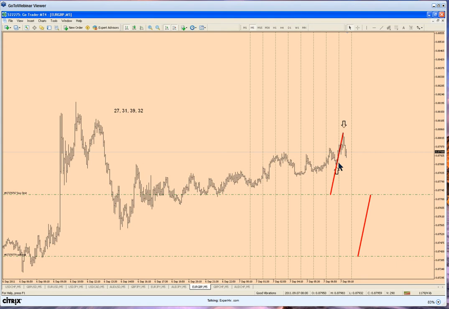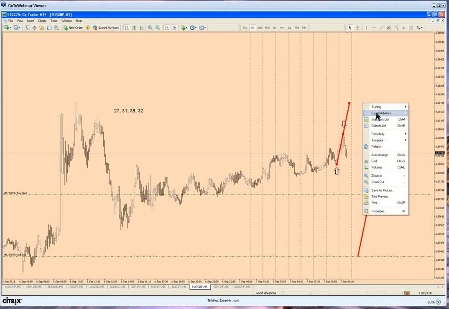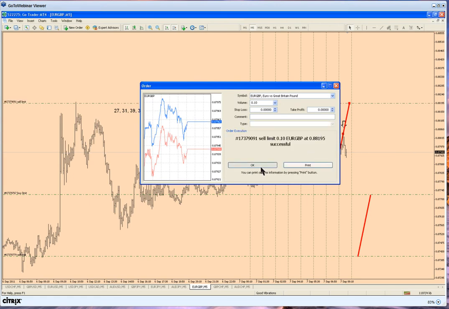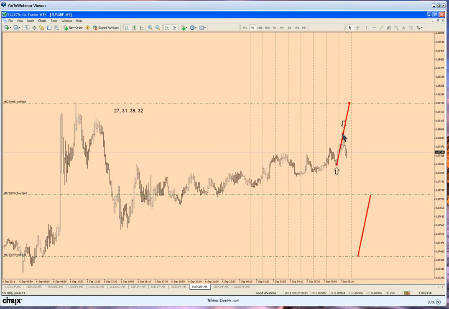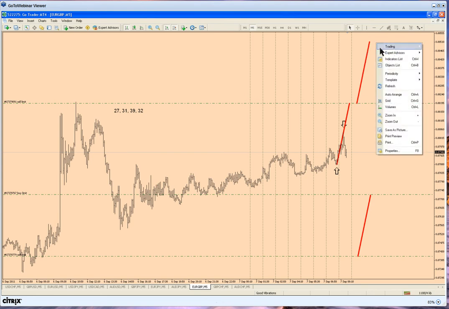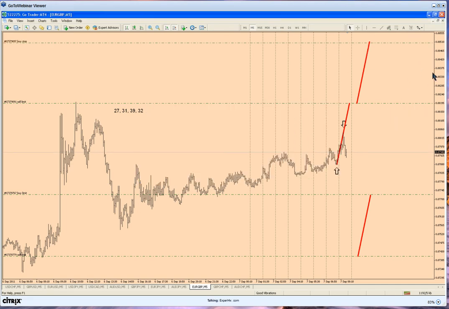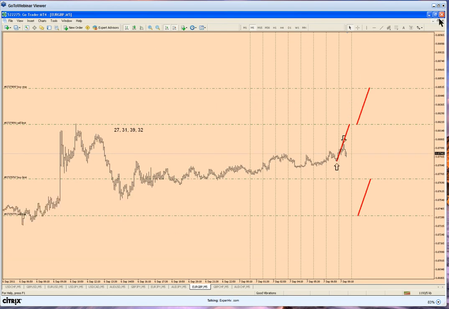This one will run from that hook to there, and we'll put a sell order in there. Okay, and then we put the stop above that. Okay, there we go. I think that's about it.